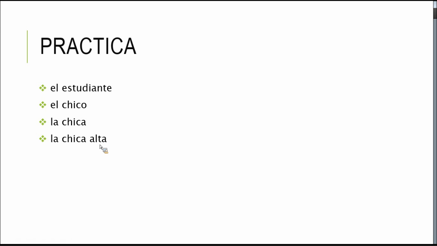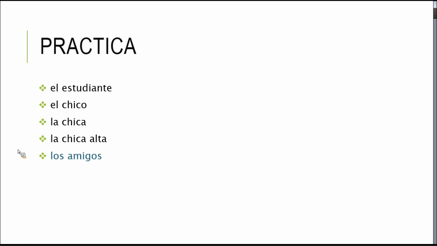The ending is going to change depending on if we're talking about something feminine or something masculine. So in this case, it's feminine, right? The girl alta, la chica alta. So it matches in gender, so they all end in A, and number. There's no S on the end of any of these because it's not plural. In this case, it's singular. We just have one, the tall girl.